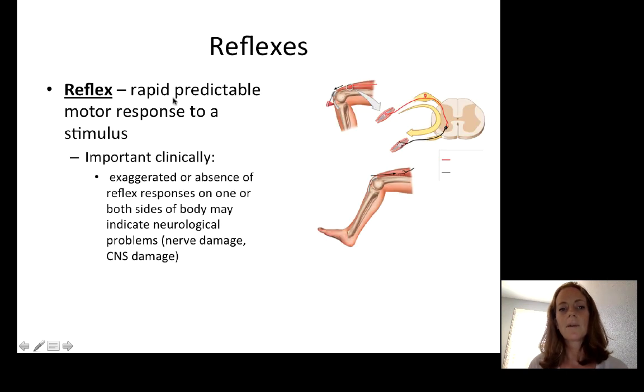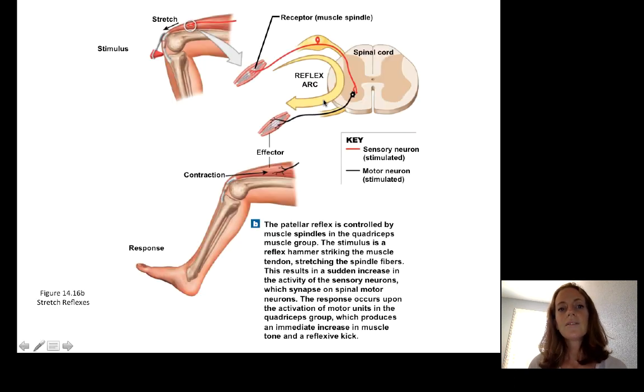So a reflex will be a rapid, predictable motor response to a particular sensory stimulus. These are important clinically to test that both our sensations and our responses are intact. So here, for example, is the knee-jerk reflex where you tap on the patellar tendon, which has a stretch receptor within it.